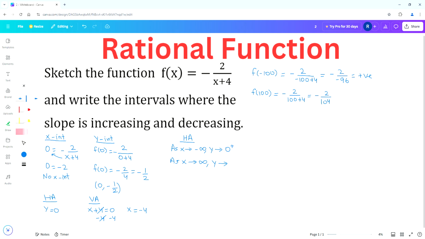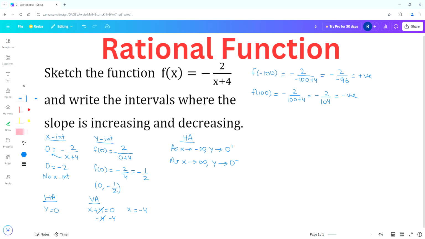This fraction has a negative value. A negative value will be less than 0. That's why the graph approaches the horizontal asymptote from below on the right side. So this is the end behavior for the horizontal asymptote.